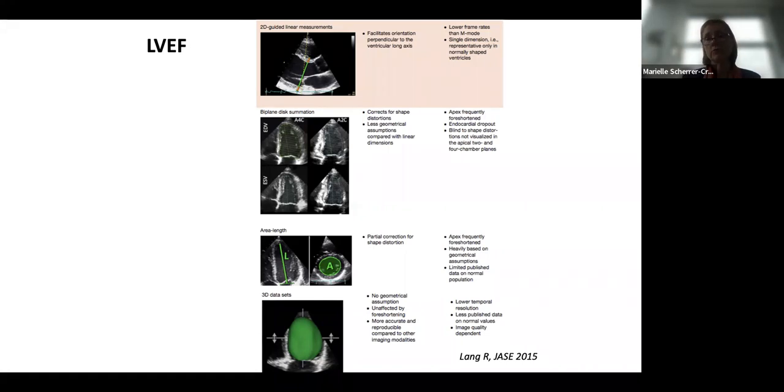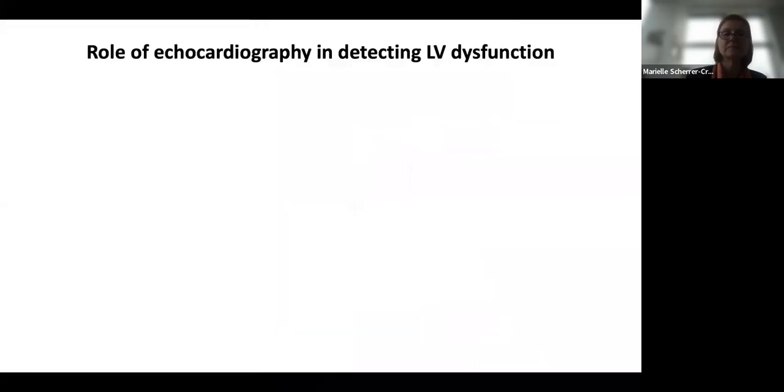They don't recommend to do it in one plane. The biplane disc method is sort of the mainstay of what we're doing. But obviously, if you can, and there's a big if, and I'm happy to discuss that after, if you can do 3D acquisitions, then there's no geometrical assumption, and that's what's recommended.